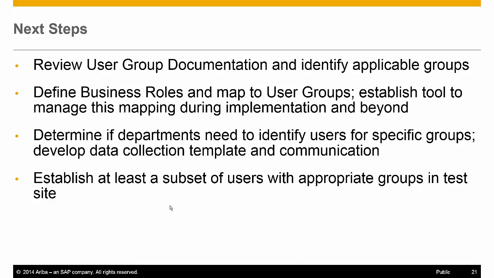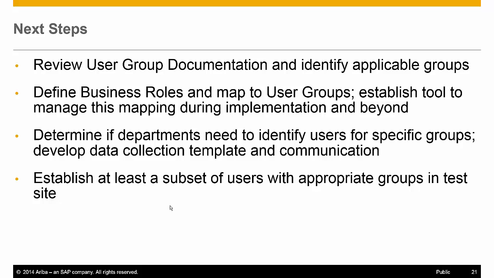Once you have an idea of what the groups are and what permissions come with them, the next exercise is to basically map the job function you have in your enterprise to the Ariba group that you will need to perform that function. This is largely an exercise of narrowing down all the groups that come with Ariba just to those that are required to perform those particular job functions.